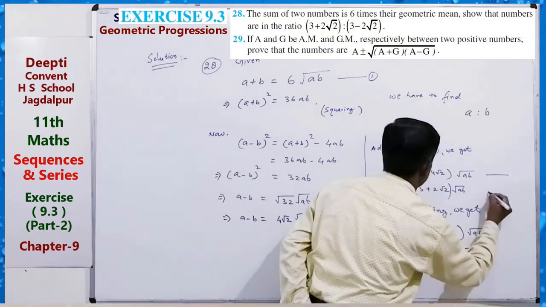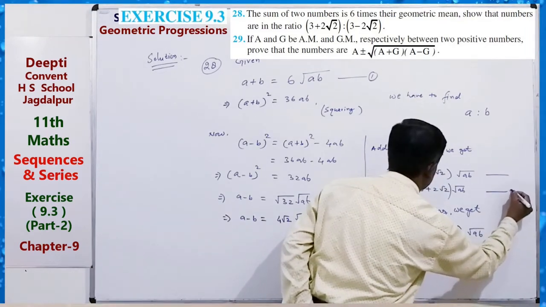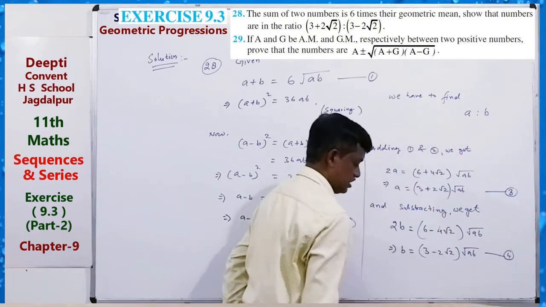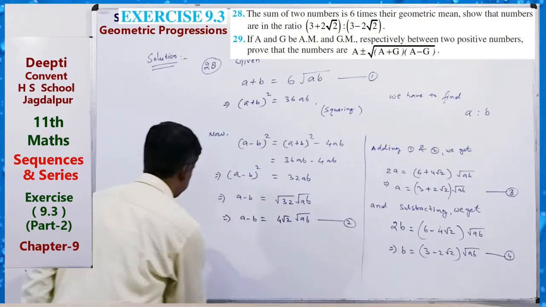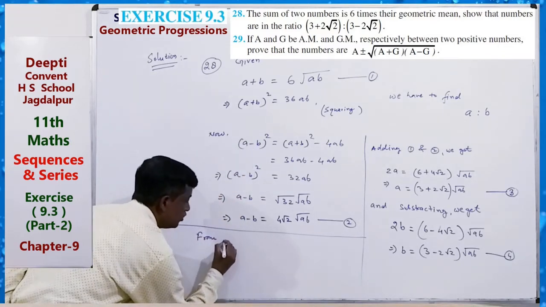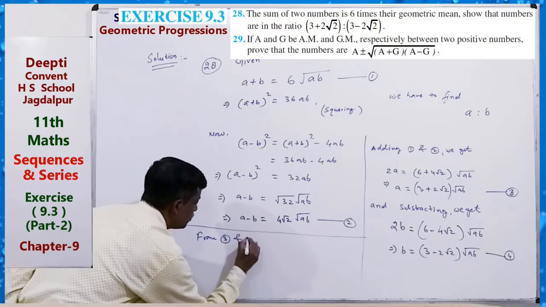This is 3 and this is 4. So we can get the ratio from third and fourth.